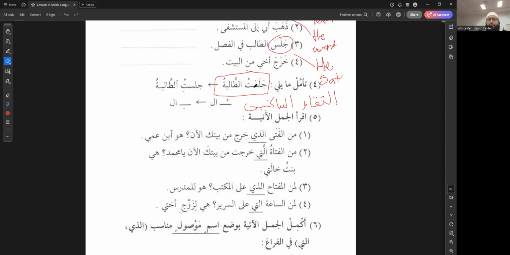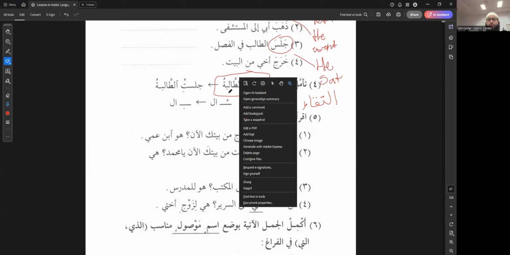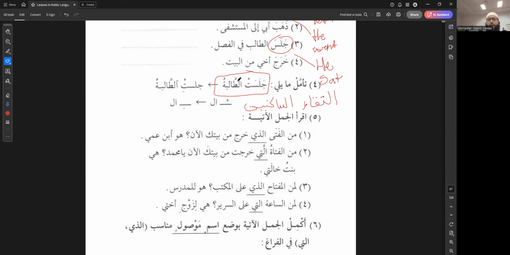So when you see here, the word jalasat has a sukun on top, and then this lam, at-talibatu. Okay? This ta right here has, okay, let me quickly cover this so that it makes sense. Whenever you see a shadda, what it actually means is that there's two of the same letter in that place. Okay? So technically the way you would write taliba is like this. Ta.